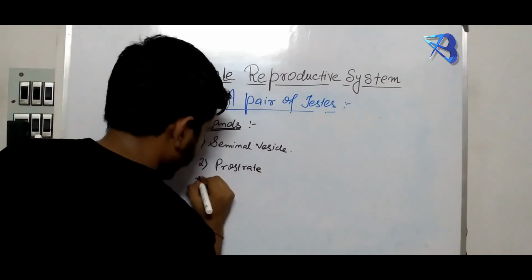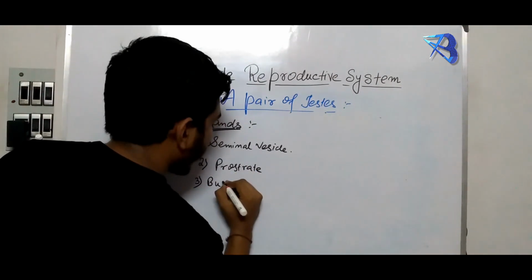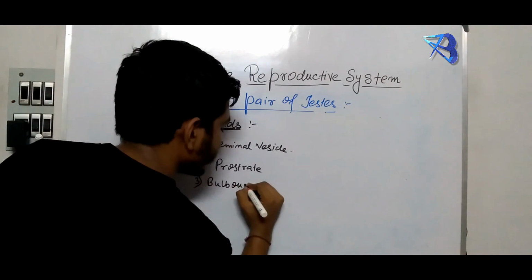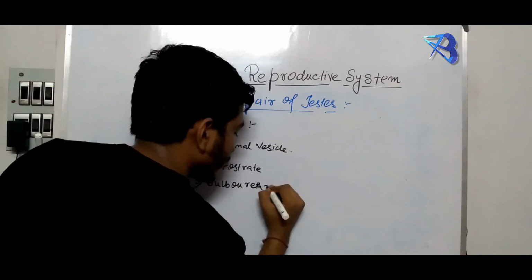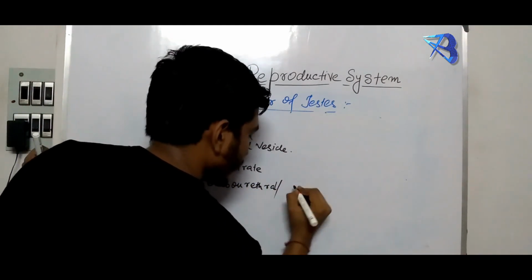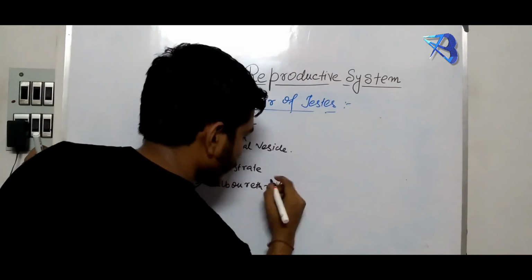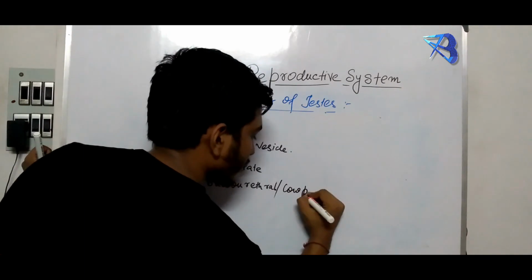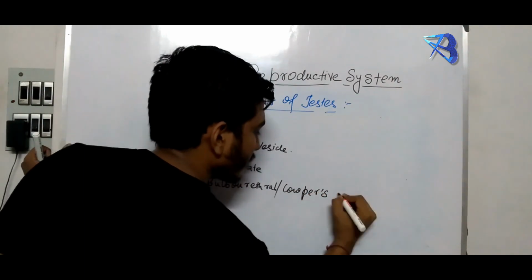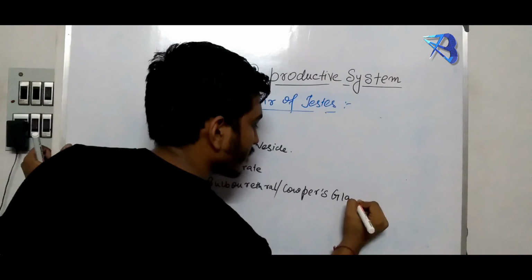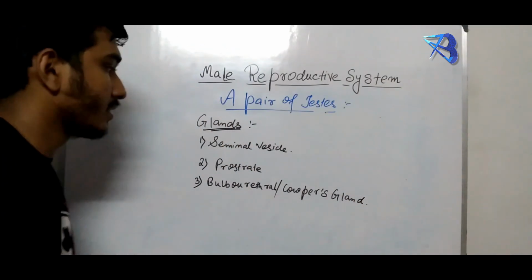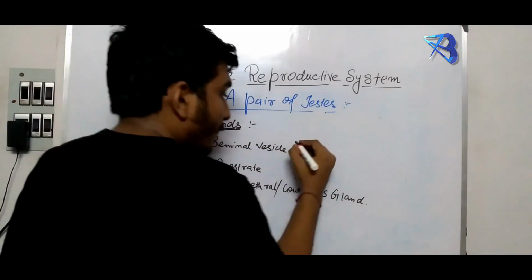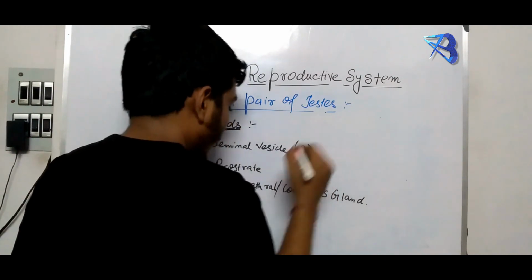And third is the bulbourethral or Cowper's gland. Seminal vesicles are paired, 2 in number.